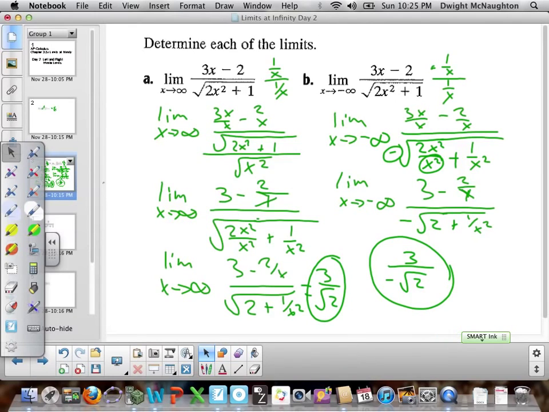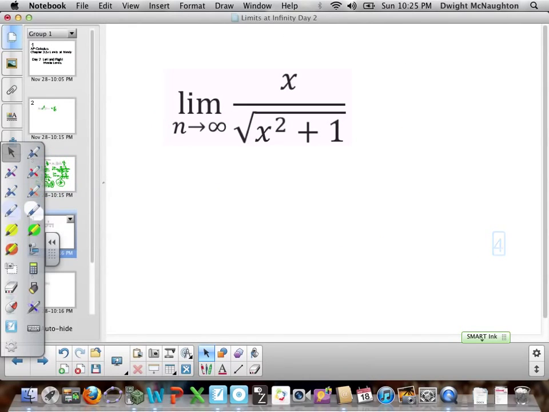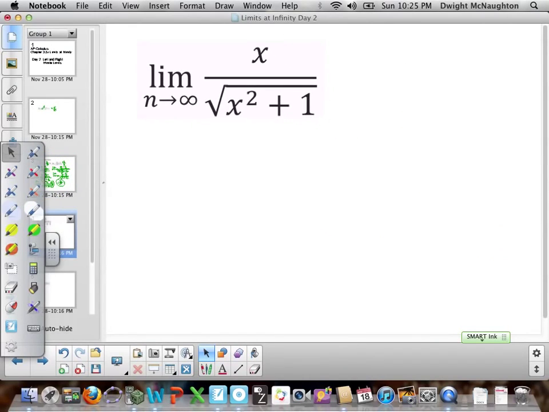So let's take a look at this problem right here. Find the limit as x approaches infinity of x over the square root of x squared plus 1. Now, we don't need to show it, but we're going to multiply the top and bottom by 1 over x. The bottom, because it's the square root of x squared, we're going to need to do the adjustment.